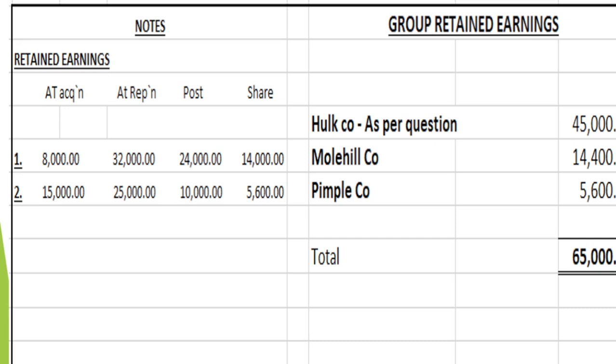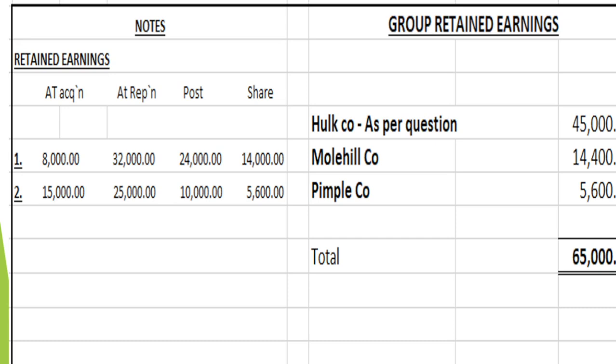So the difference here is 24,000 kwacha. Since as a parent you have 60% of these shares, you are getting 60% of this 24,000 kwacha. That means you are getting 14,400 kwacha.